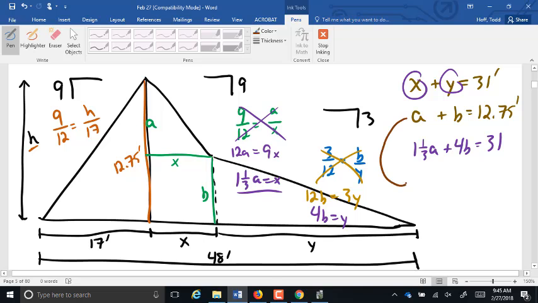I'm going to take this top equation and multiply it by -4. So this is a -4A, this is a -4B, and this is going to be a -51. I know I wrote a wrong sign, -4B, so that should be fixed.